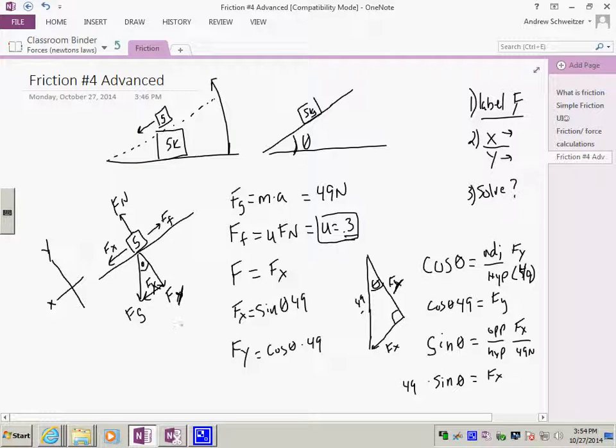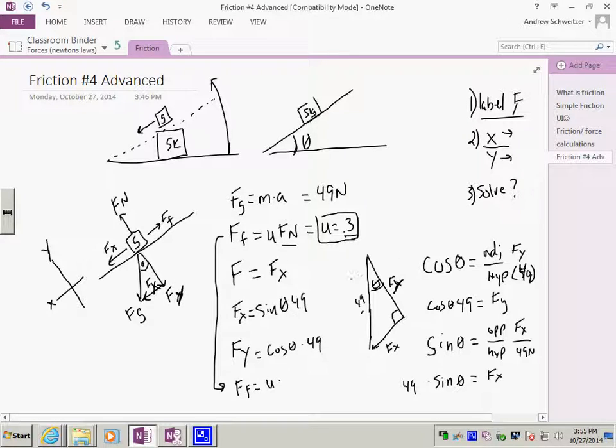The force normal is the coefficient of friction times this guy. So let's rehash the force of friction here. Everything's here. The force of friction is equal to the coefficient of friction times the force normal. The force normal equals f of y.